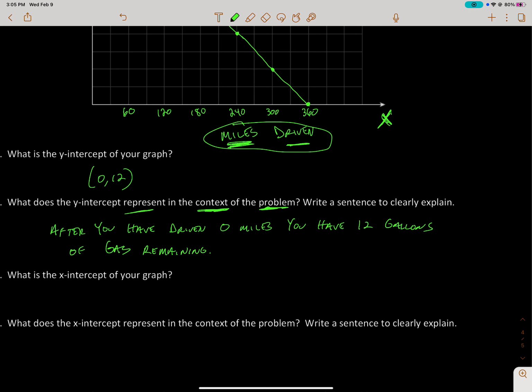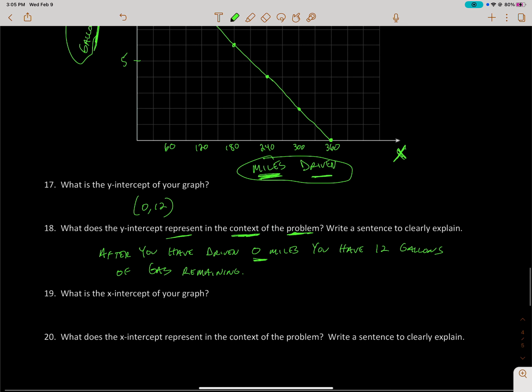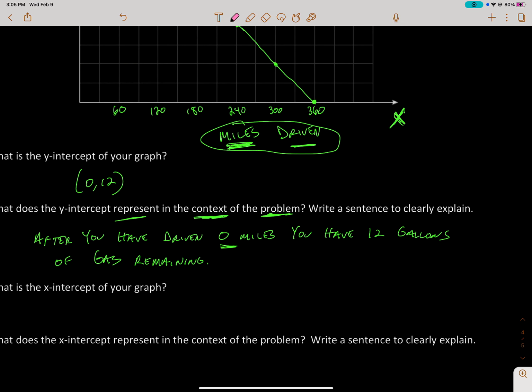A lot of times for the intercept, when one of the things is 0, you can write it even a little nicer. I'm going to put this in a different color. The way that I would really say it, I'm just showing you generally how you can write it, and this would be acceptable. But there is a better way. After you have driven 0 miles, if you haven't driven any miles at all, you could say you have started off with. A y-intercept can also be called your starting amount or your initial amount.